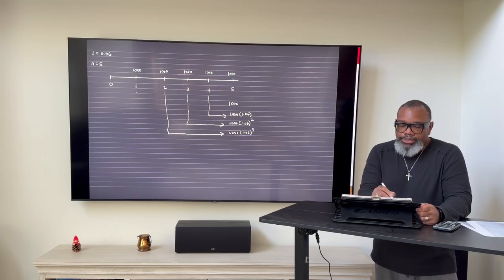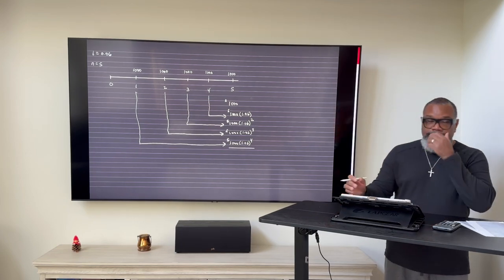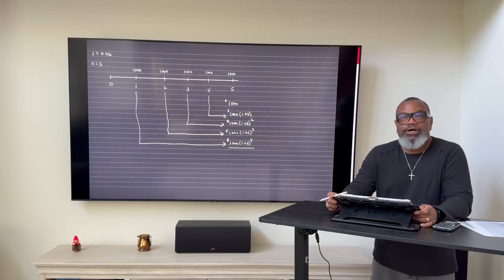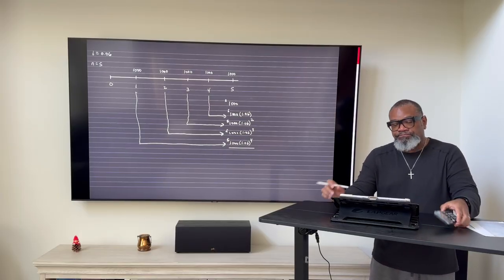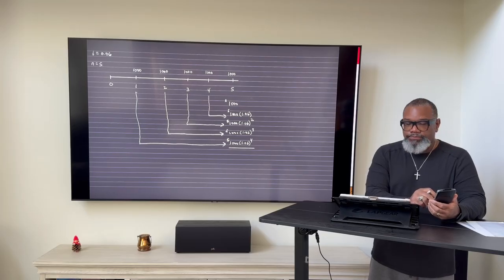And then the one he puts in at the end of the 1st year is going to accumulate for 4 years. So we raise that to the 4th power. And let's make clear that these are dollars. And then we sum all these future values up, and we get the future value of this annuity here.